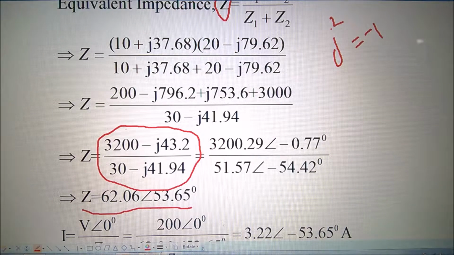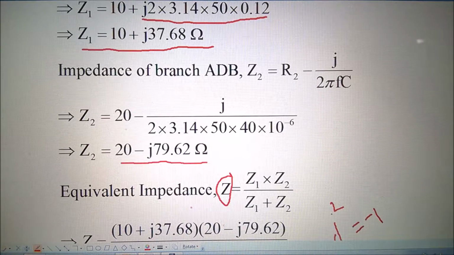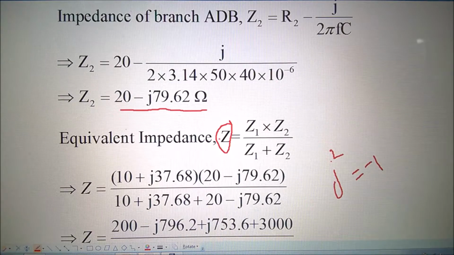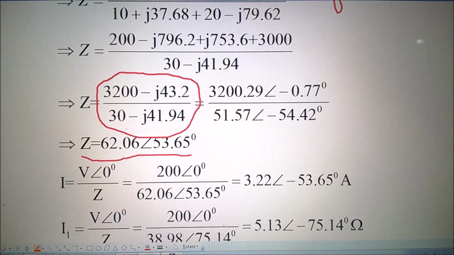After finding the equivalent impedance, the main current I can find as the voltage divided by the equivalent impedance. That is what we are doing here. Voltage we are taking as reference with the angle as reference, therefore it is 0 degree, and divided by Z we are finding this magnitude and this phase angle.